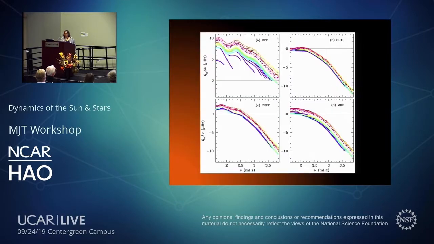A case in point is this. These are four models made by Jan. That's Model S, and these are cousins of Model S, same physics but different equations of state. Maybe looking at this we can say this is bad, but which of these is better than others in terms of actually reproducing the structure of the sun? Hence inversions.